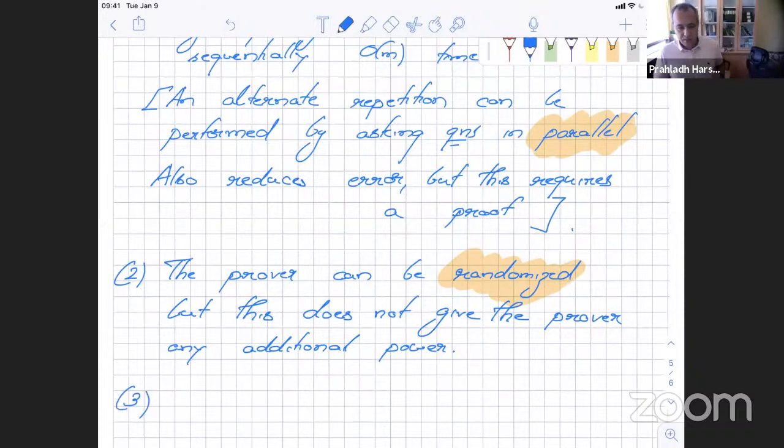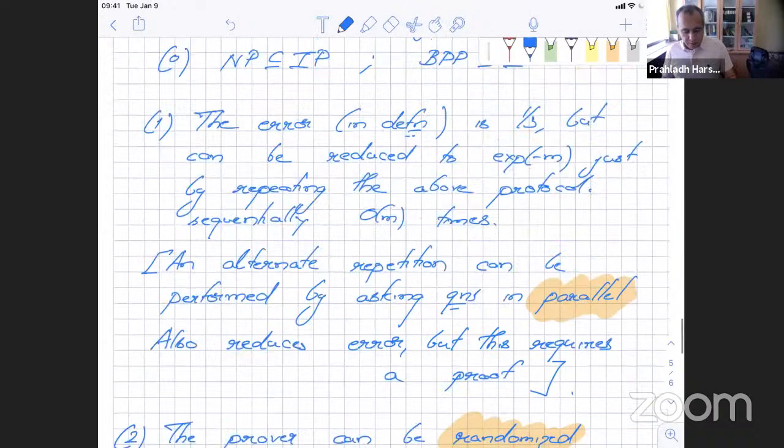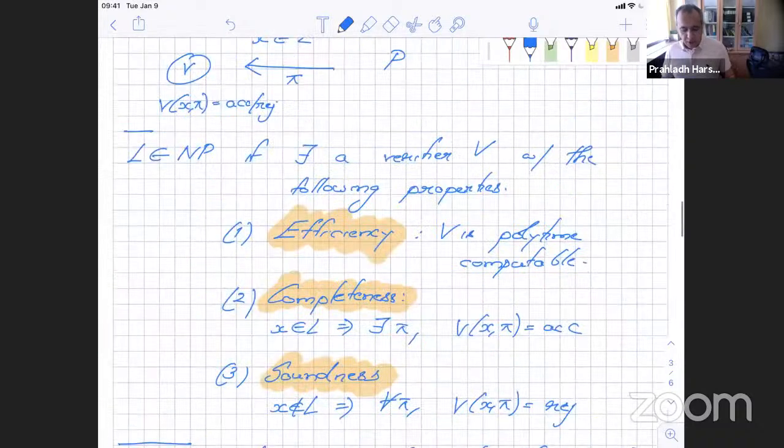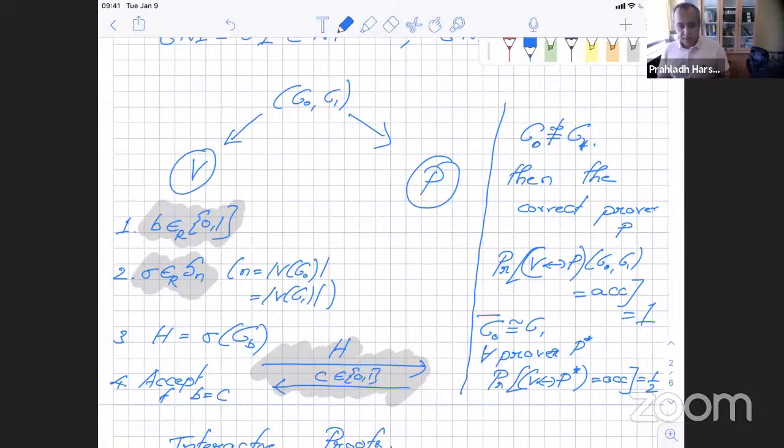I want to make several observations. Some of these things we will be proving in subsequent lectures. It is what I'm going to call private versus public coins. So let's look at this particular protocol for graph non-isomorphism. The question of what private and public coins are: does the verifier reveal which coins he is using to the prover or not?